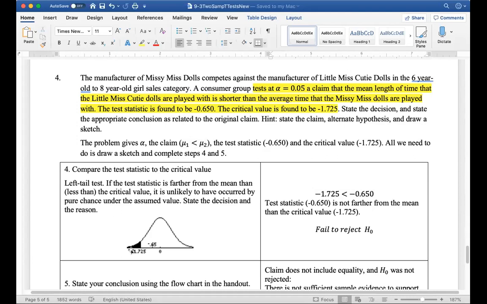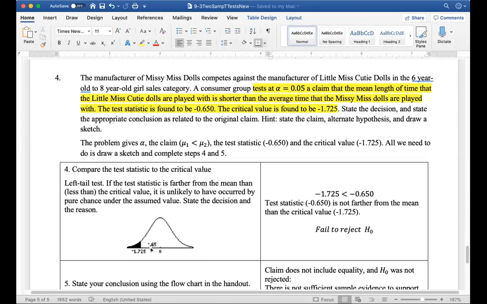So if we draw the line, and I strongly suggest that you draw a picture for all tests using the critical value approach. So we draw a picture, and the horizontal axis are values of t, the mean is 0. We plot the critical value, which in this case is negative 1.725, which was given to us.